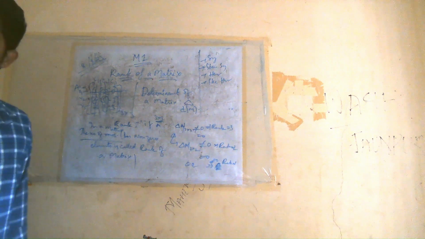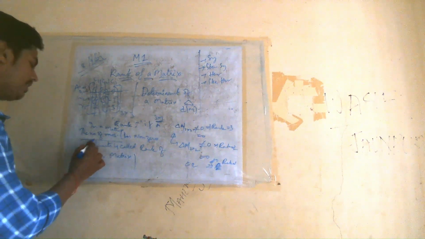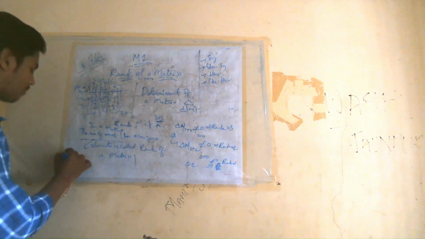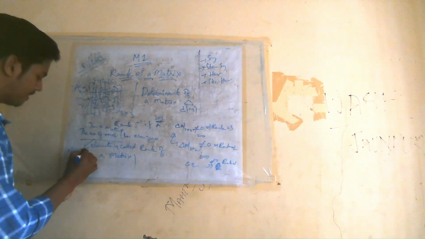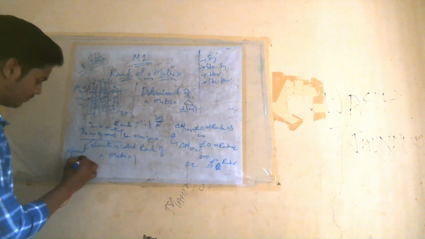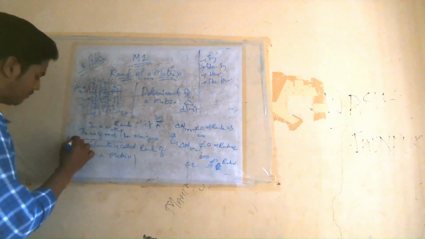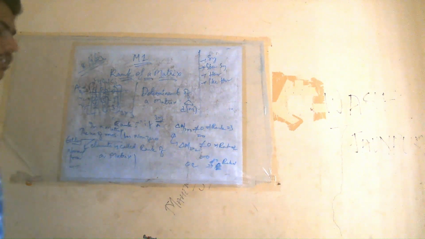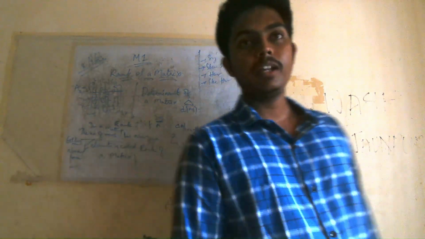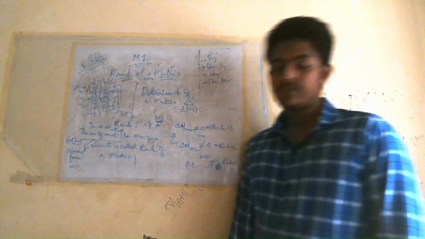That means not in a normal matrix, but in the normal form of a matrix or the echelon form of a matrix. There are two forms, echelon form and normal form, that we'll be discussing in our further classes.